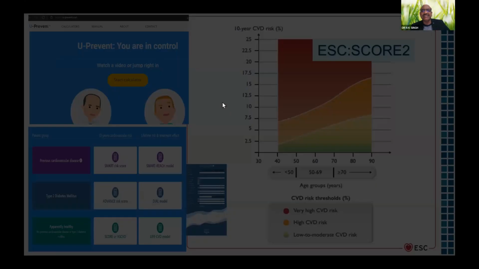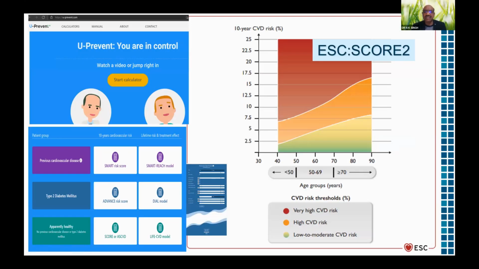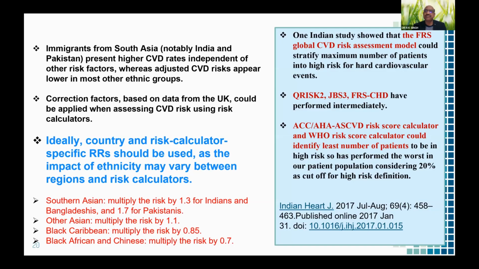But in the Indian setting, let us see what is more important. One Indian study has shown that the Framingham risk score global CVD risk assessment model could stratify the maximum number of patients into high risk for hard cardiovascular events.